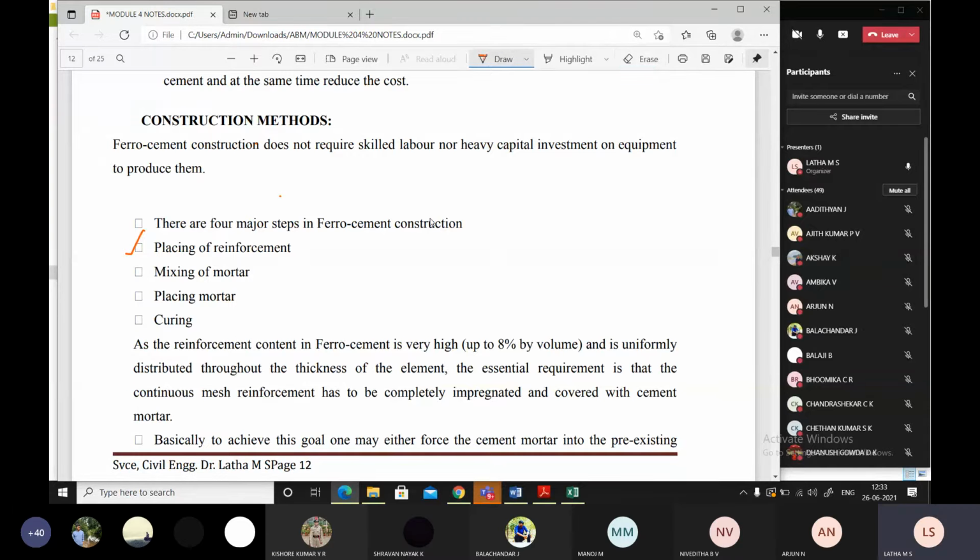In that video, what was the first step of construction of ferrocement? How did that video start the ferrocement construction? You find that person was placing the reinforcement. Remember?